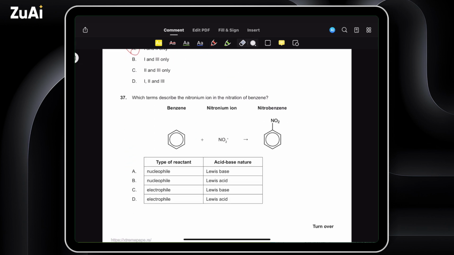Which term describes the nitronium ion in the nitration of benzene? The type of reactant: the nitronium ion is an electrophile there.